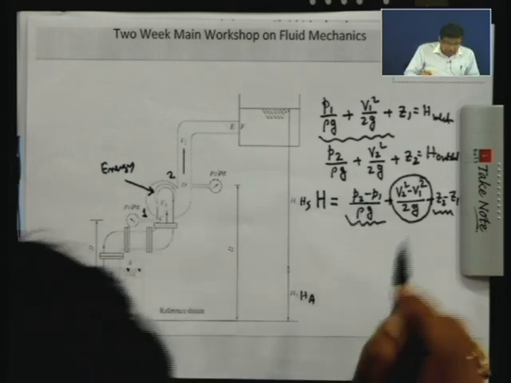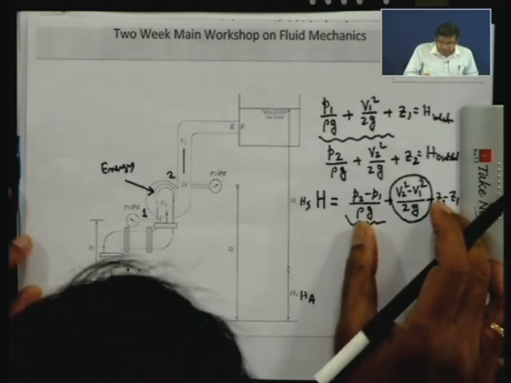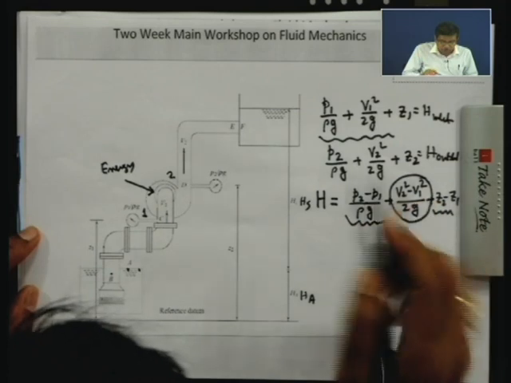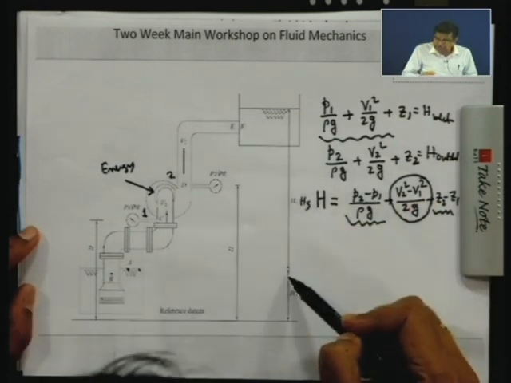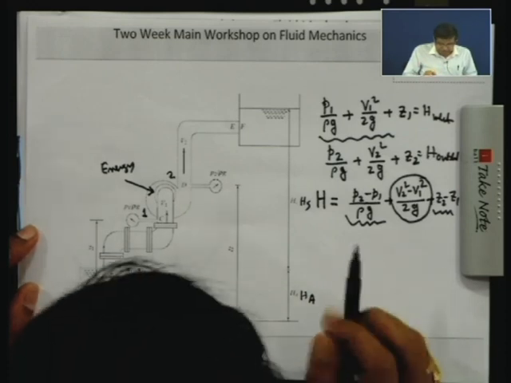Now, if I want to know the relationship between the head developed by the pump and all these heights, then I have to write Bernoulli's equation at some sections, which I am coming to.